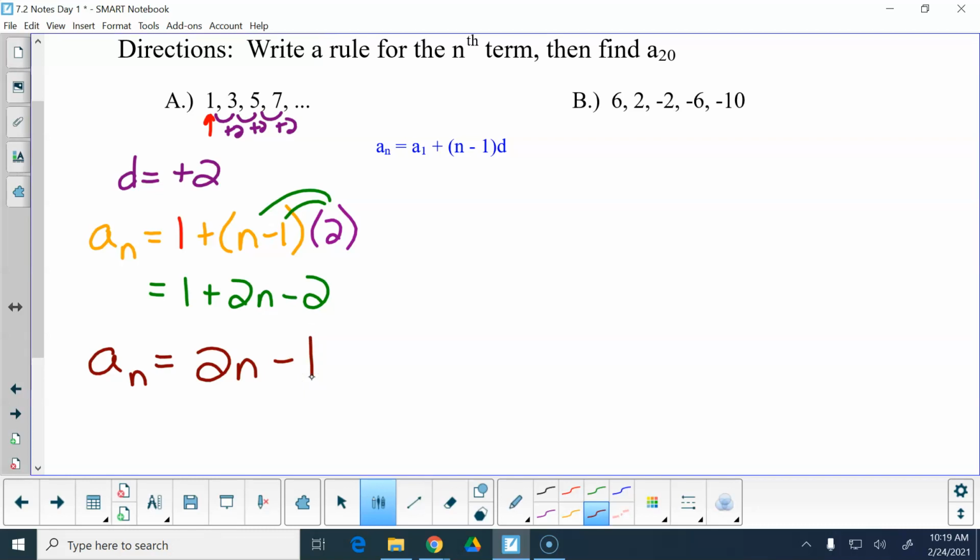So that, ladies and gentlemen, is the rule for this sequence. Then it said, find the 20th term. So now I'm going to use my rule, and I'm going to plug 20 in for n.